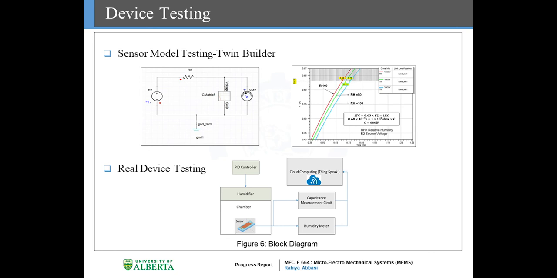Then in the chamber, you can put your sensor. This chamber will be maintained at a set relative humidity, and the humidity meter is connected to measure the level of humidity. From the capacitance meter, you can measure your capacitance, and on the cloud you can store, analyze and visualize this data.